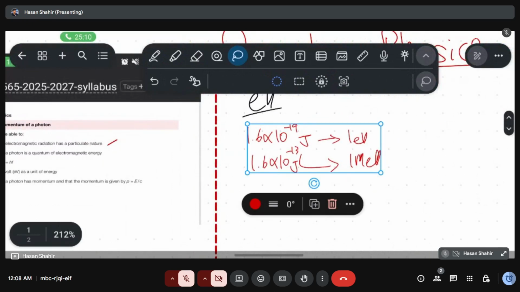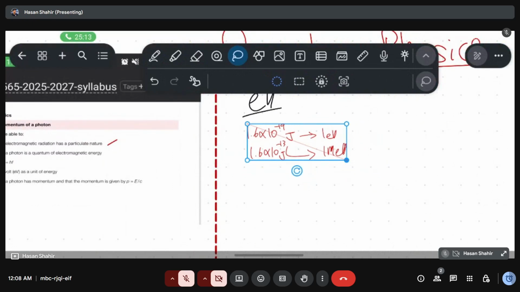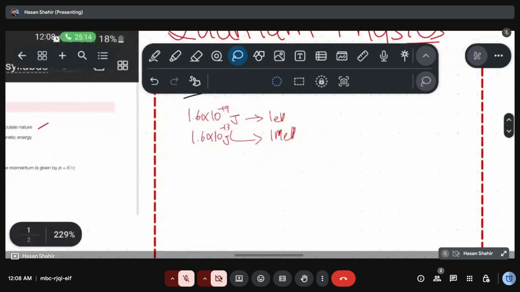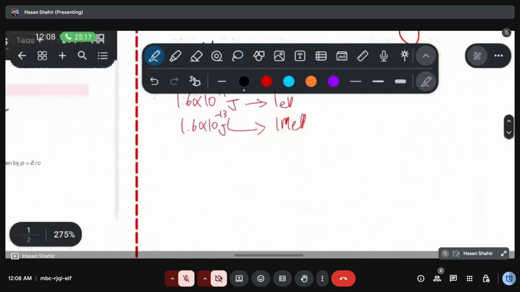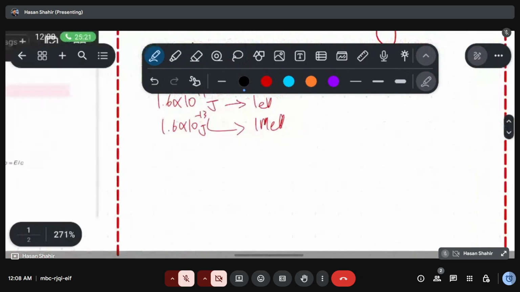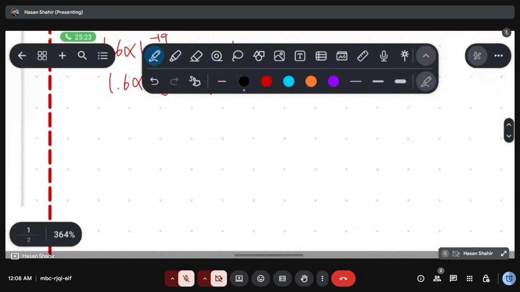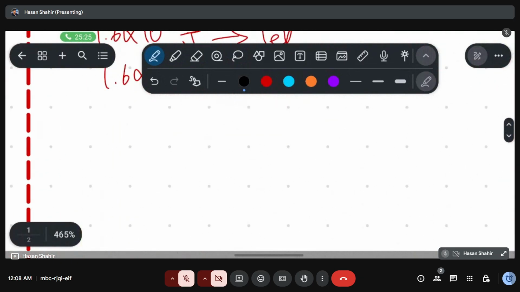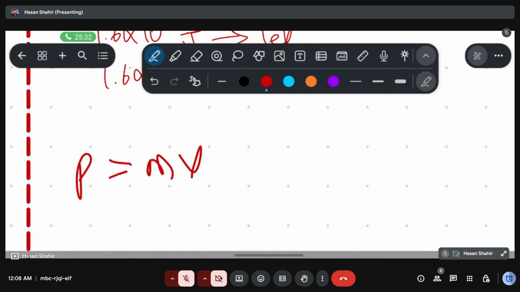Now we're going to move on to the momentum of a photon. Since we know that a photon has mass and obviously has velocity, hence it has momentum, because momentum is made up of mass and velocity.